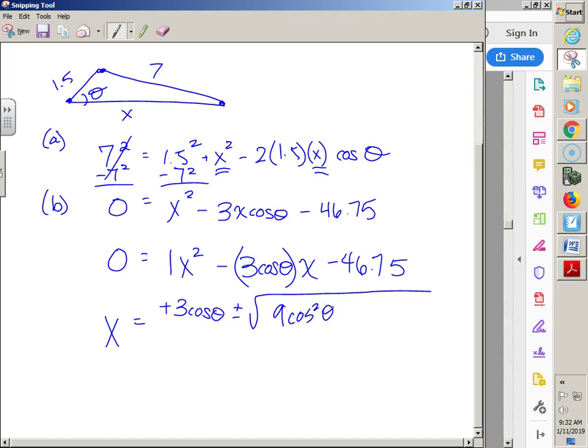X equals negative B plus or minus square root of B squared minus 4AC, all over 2A. That's an expression for x in terms of theta? Wait a minute, I think they said to keep it positive because it's a real-life problem. So that's the sign that yields positive values of x. So is it plus or minus?